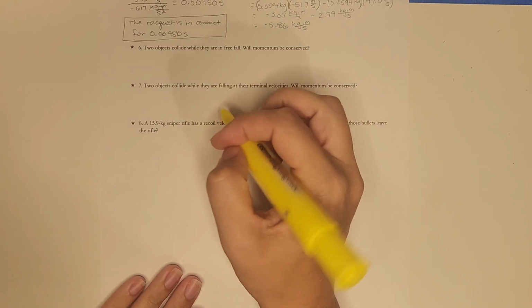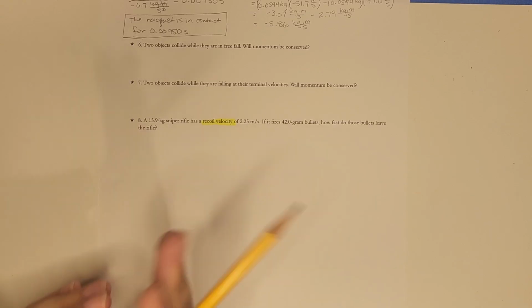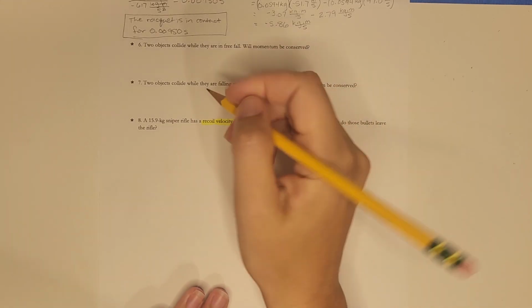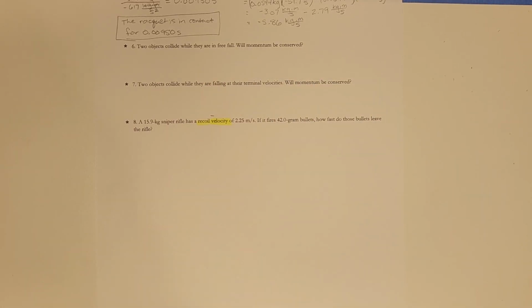So we have velocity here, and specifically this recoil velocity, which is the velocity that the gun is moving backwards when it fires that bullet forwards. So I am always going to call this recoil velocity negative. If you choose to use it positive here, that's fine, as long as you give the bullets the opposite direction, and you'll get the same answer.